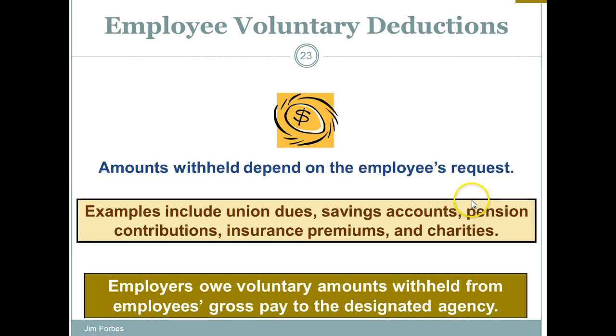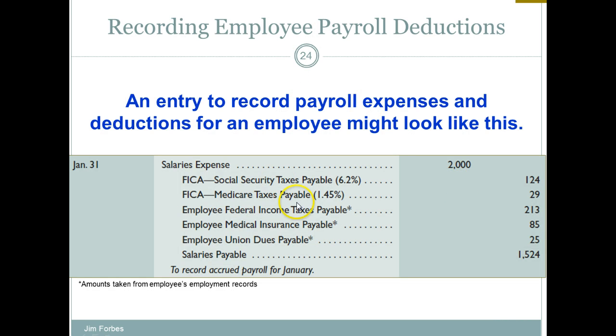And these are voluntary, but the employer holds these back for the employee. And you can see here's your salary expense, and then you're deducting certain things from the employee, and then this is what you pay the final net to the employee. Well, you can see here it's almost 25% reduction of their pay.